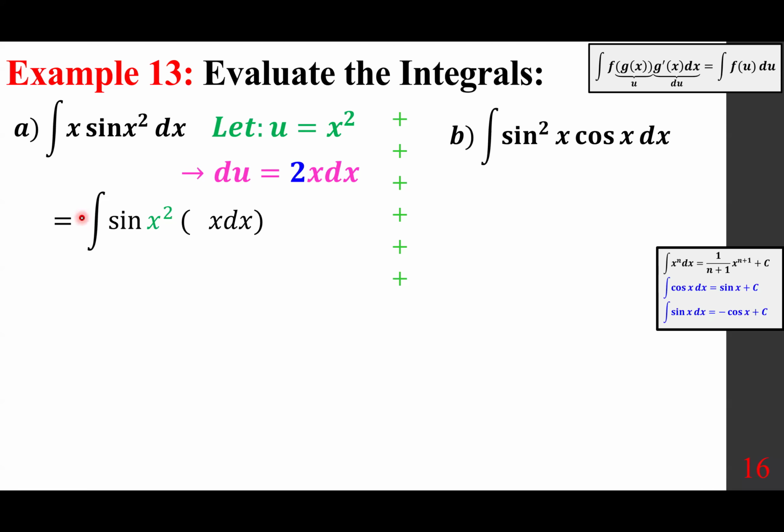Plug in and undo it with its reciprocal. And you get 1/2 integral of sine u du, and integrate and then replace the u. The derivative is cosine, but the integral is negative, so it's negative 1/2 cosine u plus a constant. Replace it and you're done.